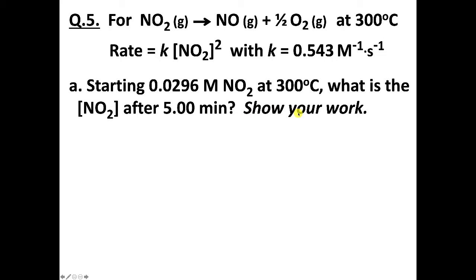So I'm going to embed a question here for you to pause, try to work out the answer, and see how well you do on that. And the quick note that it's second order.